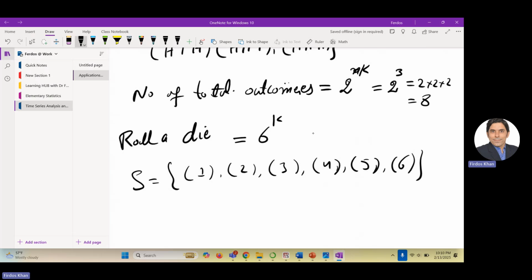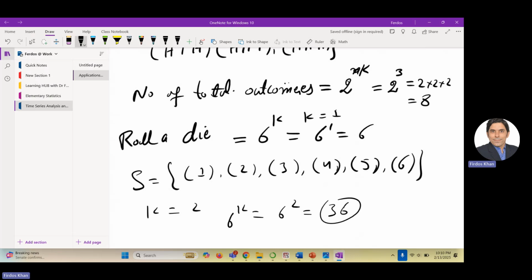The above had 2 possible outcomes for 1 trial, and the power is k. K is the repetition of the experiment. In that case, k is equal to 1, so 6 power 1 is equal to 6. And similarly, if you are doing it for k equal to 2, that means 6 power 2, which is equal to 36. We don't write it all here because you can write this, no problem.